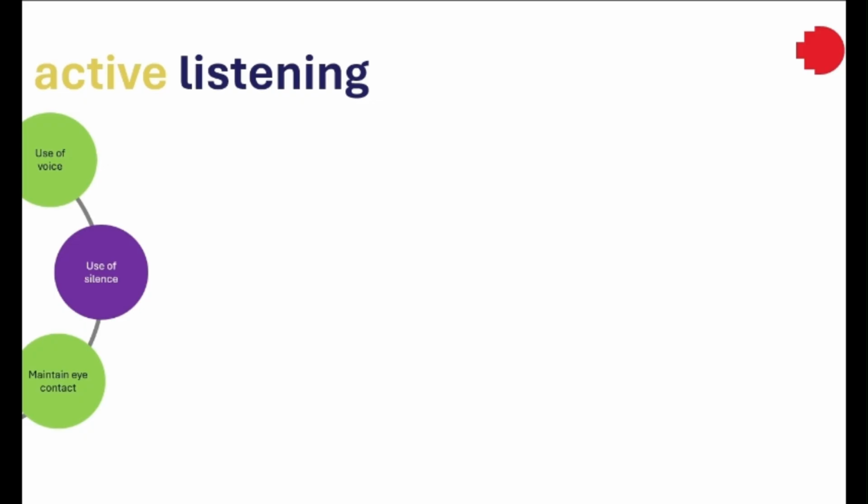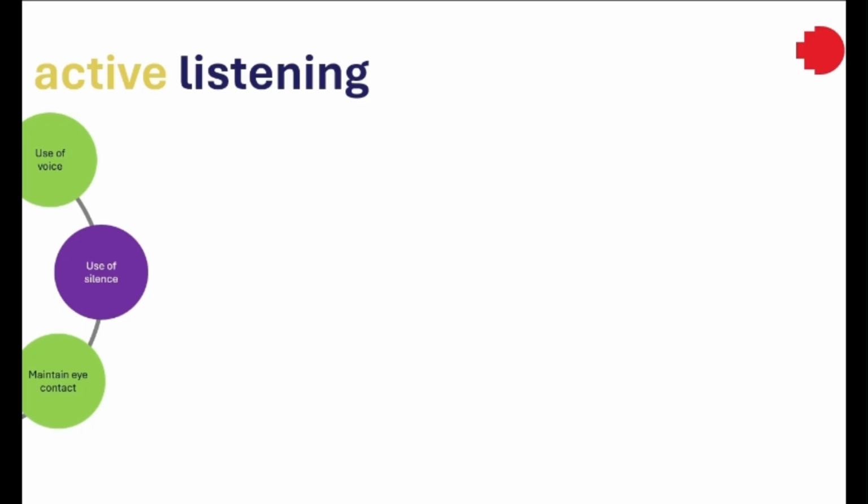But the reality is some people need that space. I would actually go as far as to say most clients will probably need that space and the silence. Because while we may think we are not doing a good job because there is silence, they may actually be thinking, they may be really entangled in their own thought process.